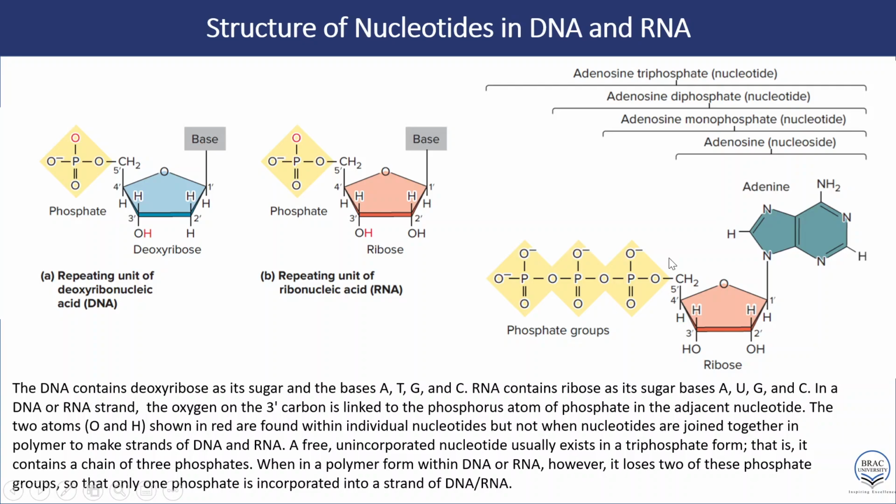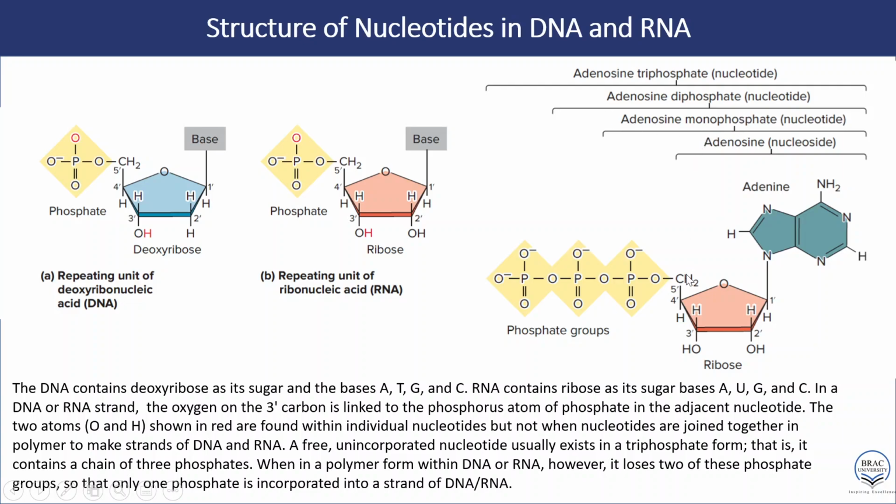So don't think much about this now, we will see those in the DNA transcription and DNA replication process. But note that when at least one phosphate is attached to the ribose base, it is called a nucleotide, or in other words adenosine monophosphate.